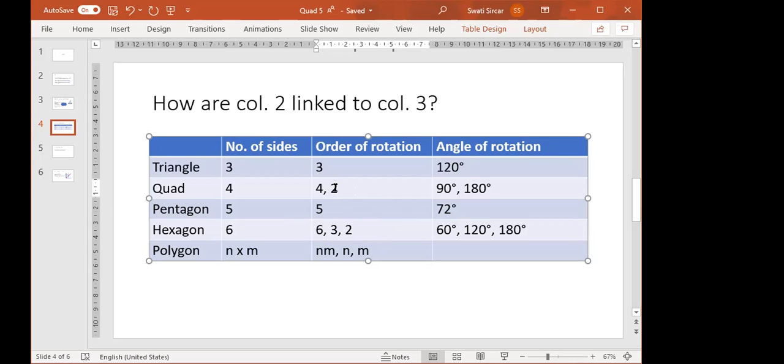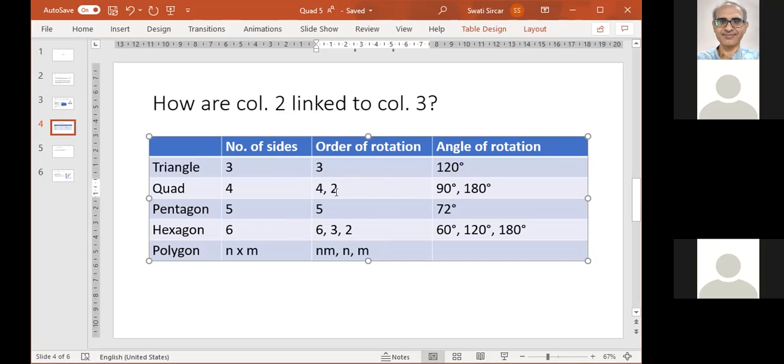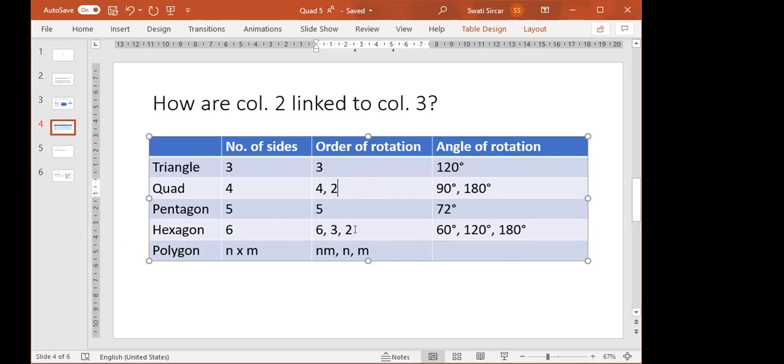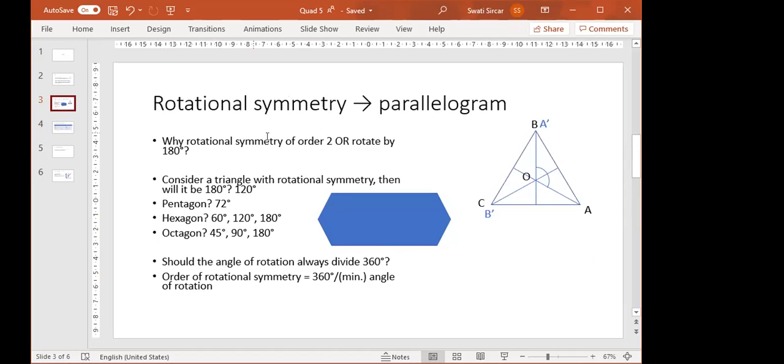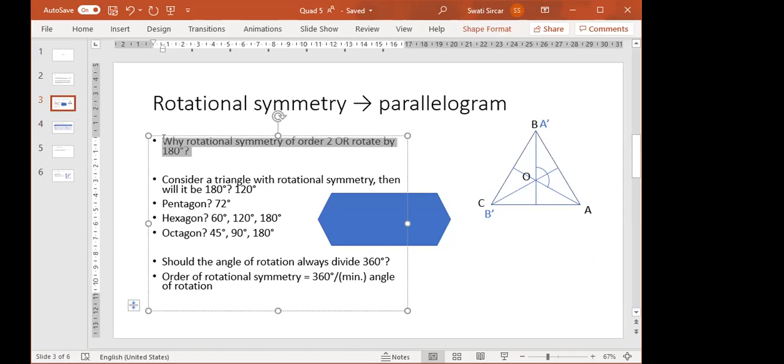In this case, yes, the highest common factor is 2, but in this case the highest common factor of all these is 1, because 2 and 3 are co-prime. So in case of a hexagon, you cannot say that there is one particular angle by which it will definitely rotate.